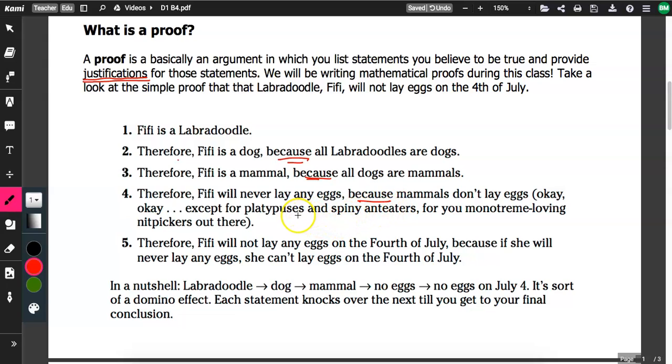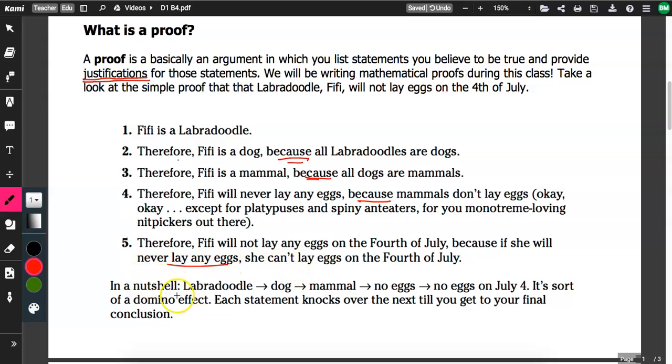Okay, except for platypuses and spiny anteaters, for those of you that know more about that kind of stuff. But in general, mammals don't lay eggs. Therefore, Fifi will not lay any eggs on the 4th of July because if she'll never lay any eggs at all, she can't lay eggs on the 4th of July.